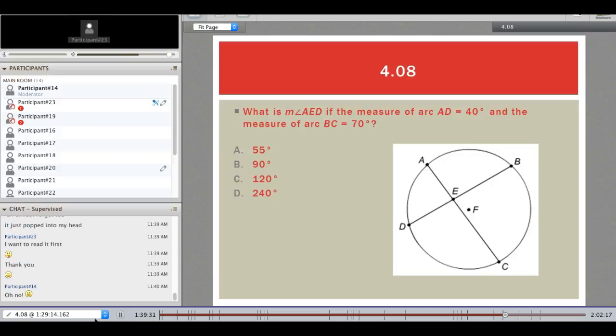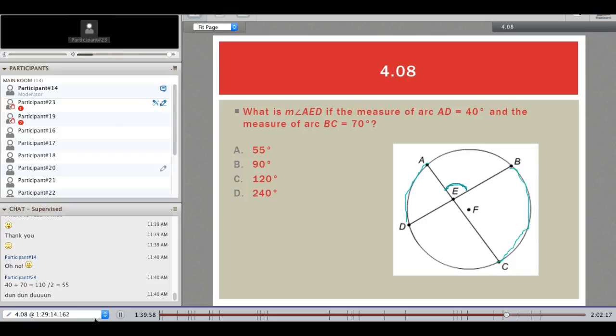Okay, so what is the measure of angle AED if the measure of arc AD is 40 degrees and the measure of arc BC is 70 degrees? So, trying to find the measure of this angle, which I have highlighted in blue. And we're going to use the measures of these two, of arc AD and BC.